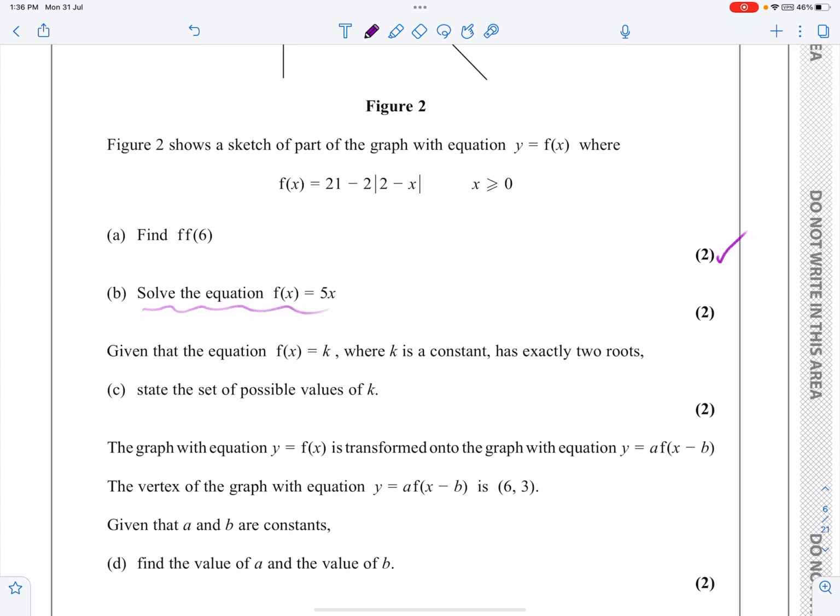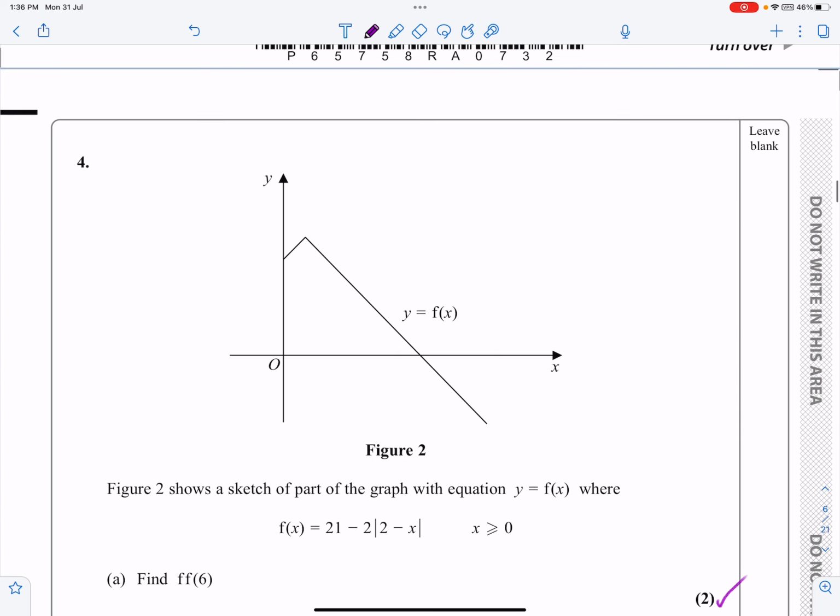So we're asked to solve the equation f(x) equals 5x. Graphically, if I'm solving f(x) equals 5x, what I'm doing is drawing out y equals 5x and then seeing where the 2 lines meet. That's where we solve the equation.